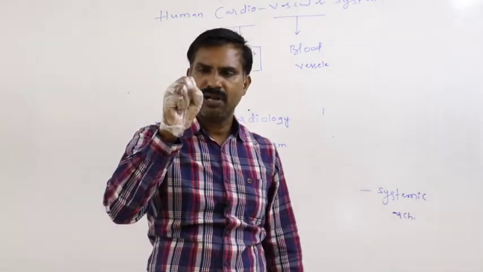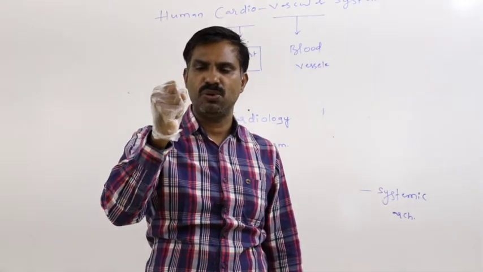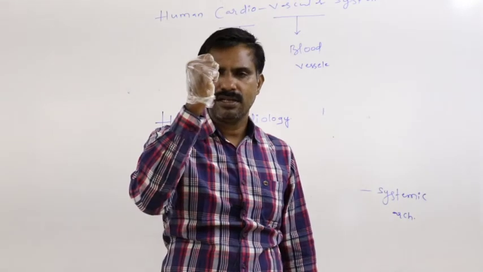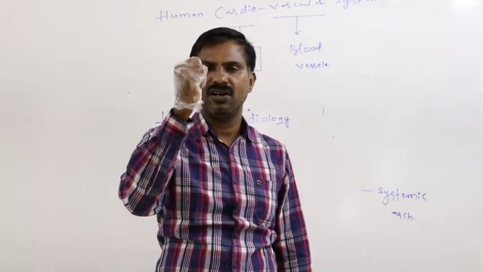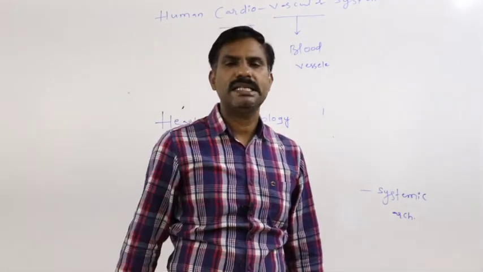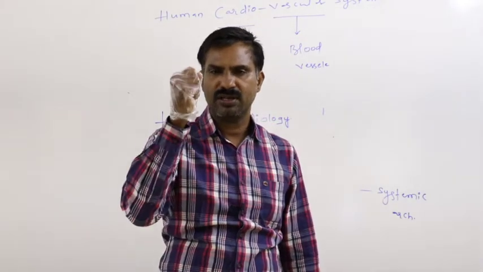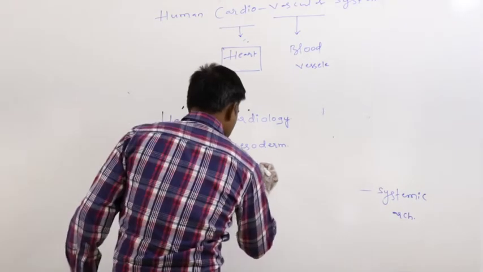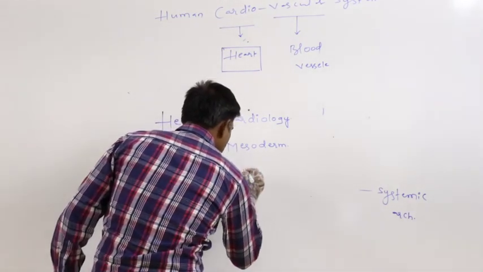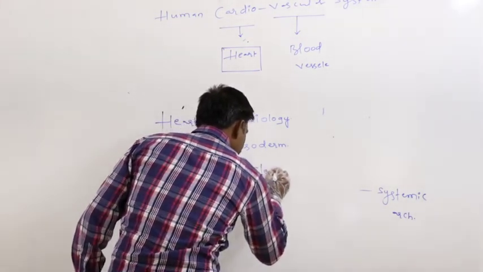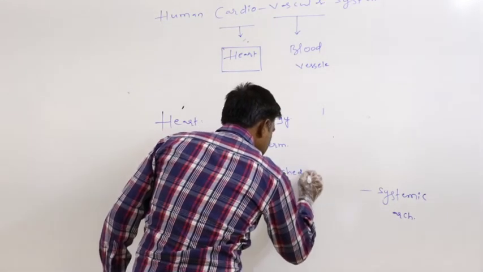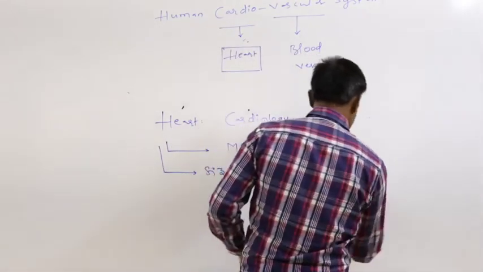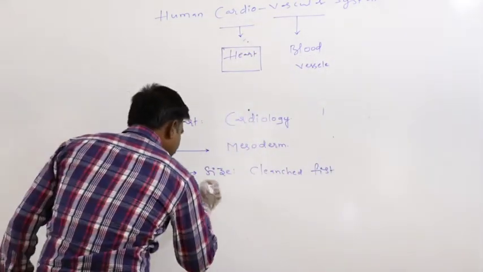So on average, the heart size is that of the clenched fist of that person.